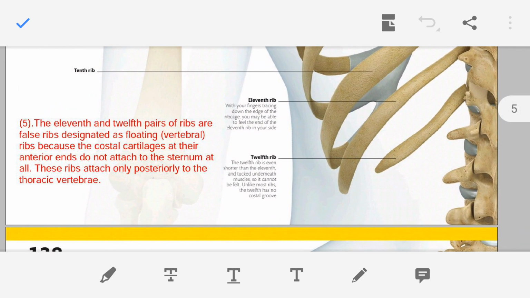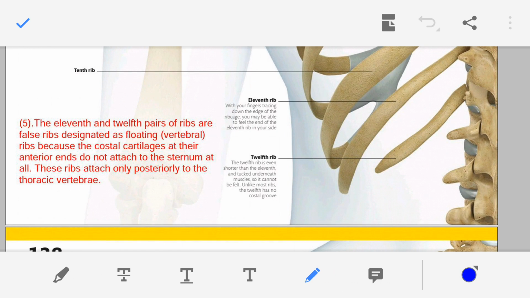So the 5th point is regarding the 11th and 12th rib. For example, this is rib number 11. Okay, and this one is rib number 12.